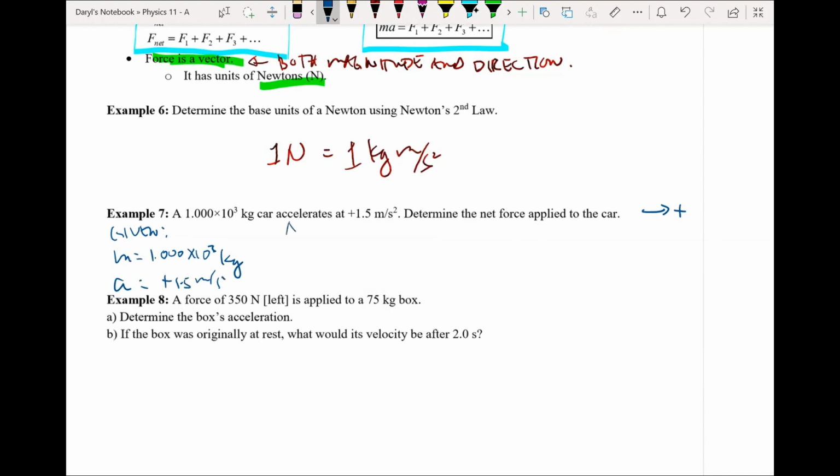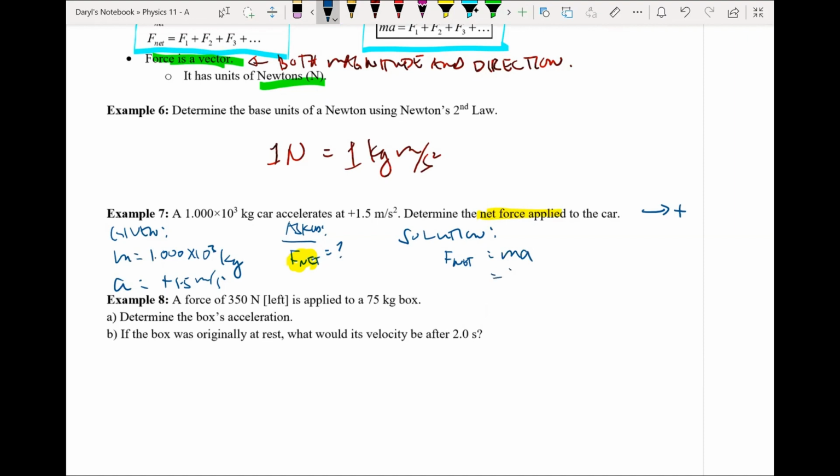We want to know the net force, F net. The net force could consist of more than one force, but in this particular question, we're just being asked to get the net force. For our solution, you have acceleration and mass, so you can use Newton's second law, F net equals MA.